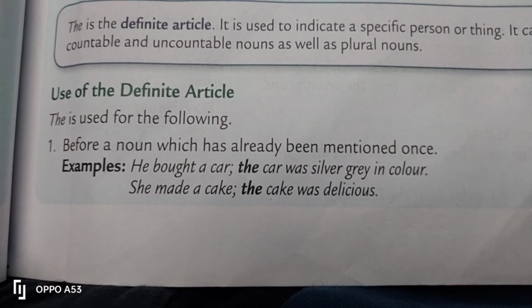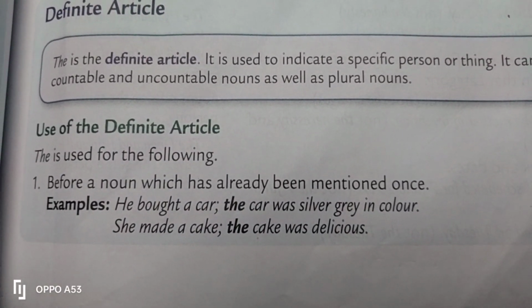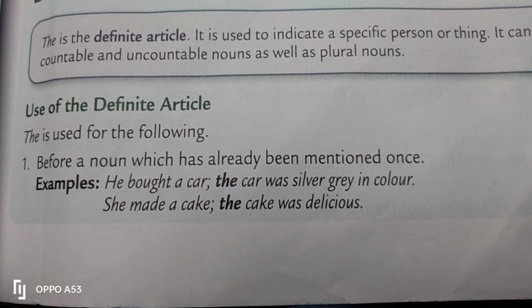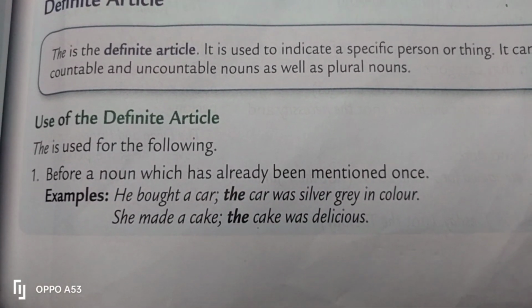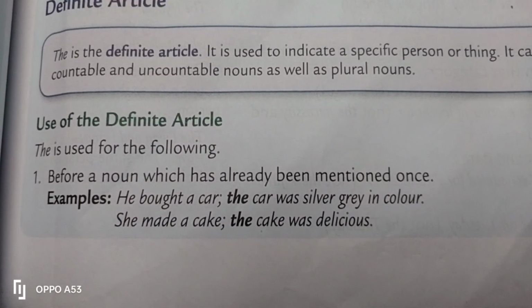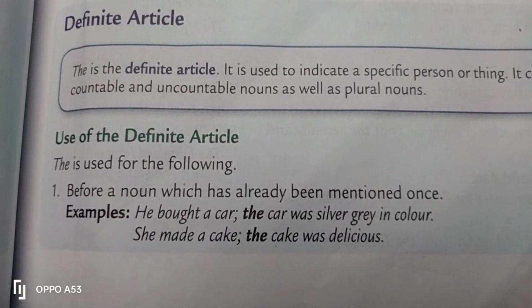It is very clear from here. The noun had already been mentioned once, and you want to continue mentioning that noun in the same sentence or in the second sentence, whereby you are going to use a definite article.